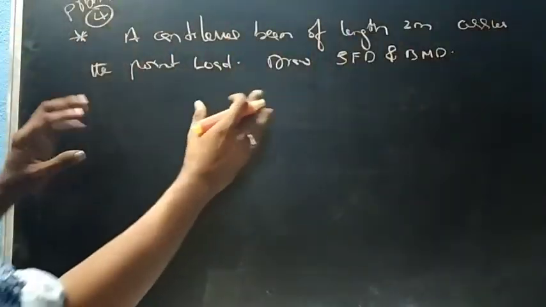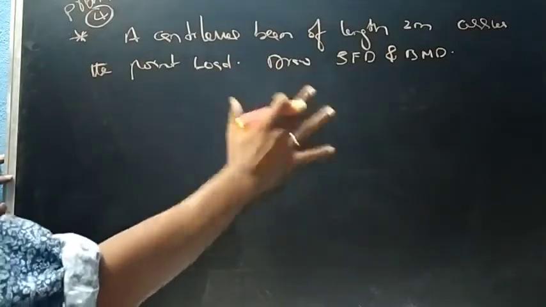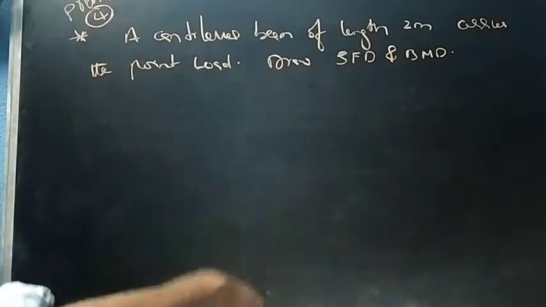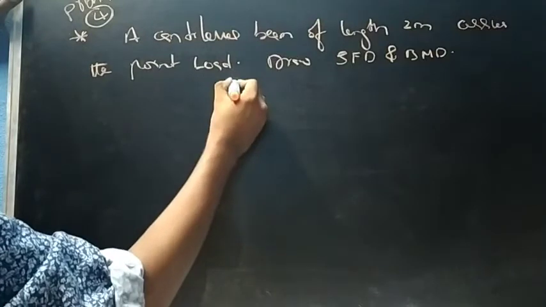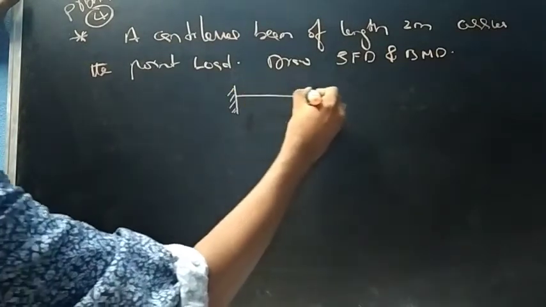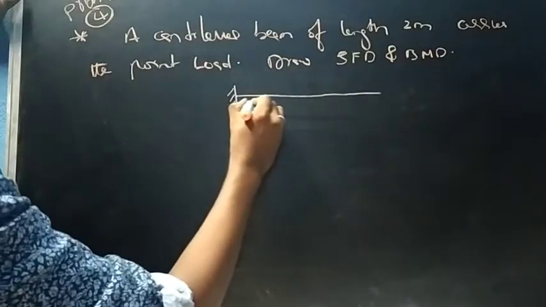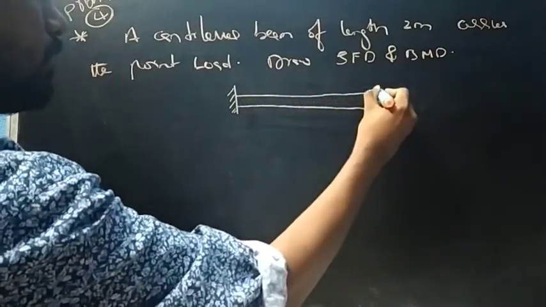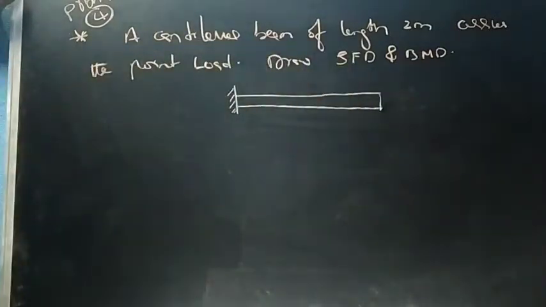So here is the diagram. The diagram will be given in the question, no need to worry. It's a cantilever beam, that means one end will be fixed and the other end will be free. So this is your cantilever beam.